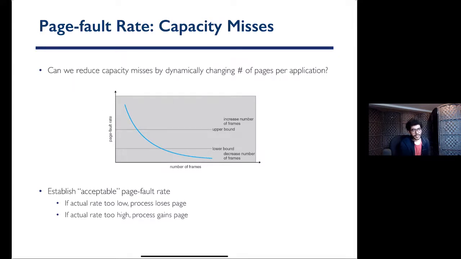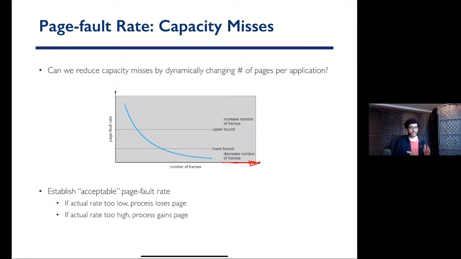It's usually the case that the more you give, so in this picture on the x-axis I have the number of pages that are allocated to a process. On the y-axis I have the number of page faults. And then we discussed this, that the more you give, you expect the page faults to come down, right? Because there is less competition for the pages. There is less conflict.